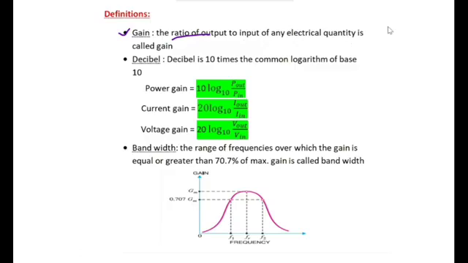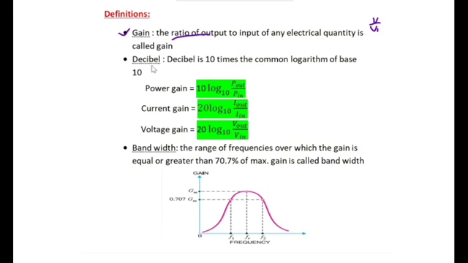If it is voltage, then V out by V in is voltage gain. I out by I in is current gain. That means the ratio of output and input electrical quantities is called gain.